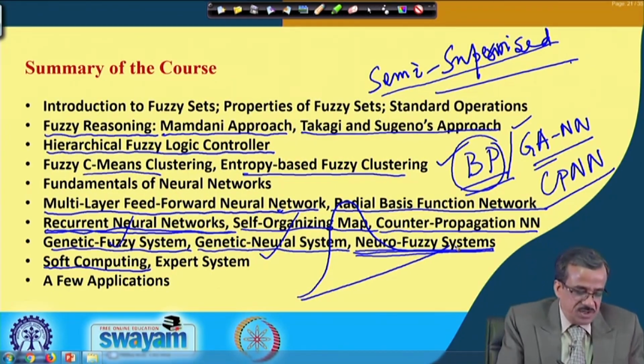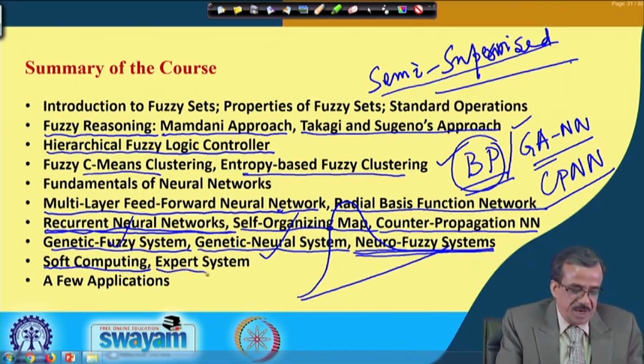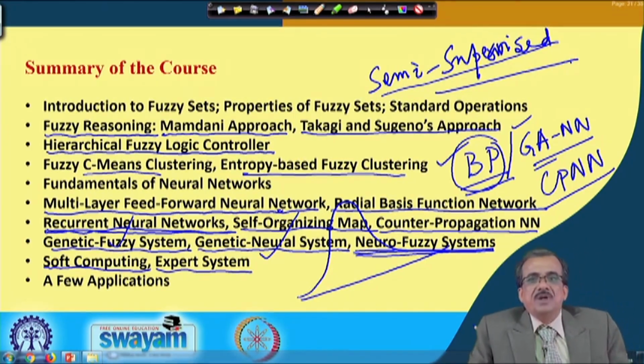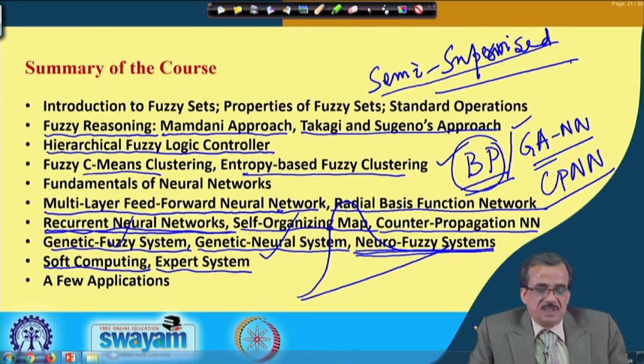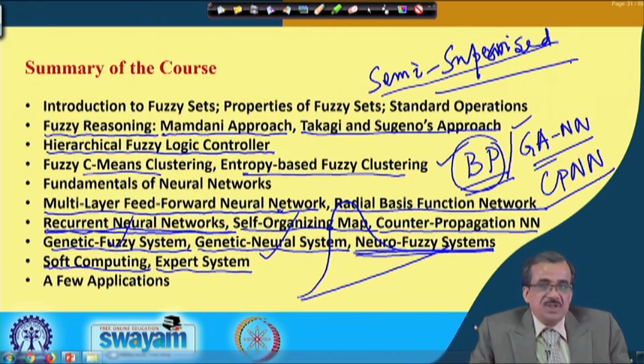Then we concentrated on the expert system, like what we mean by an expert system and why we need an expert system, and we gave the example of a few very popular expert systems available. Then we concentrated on a few applications of fuzzy logic and neural networks.